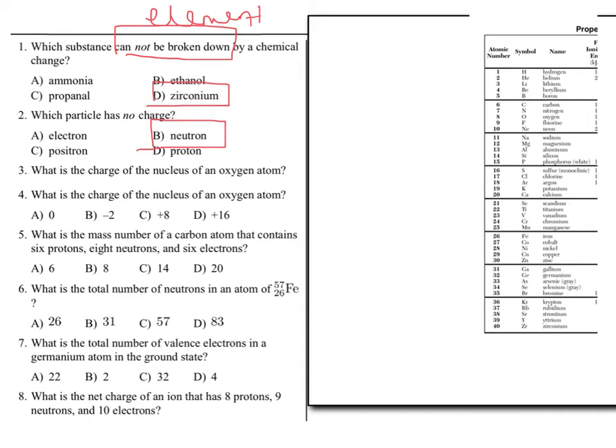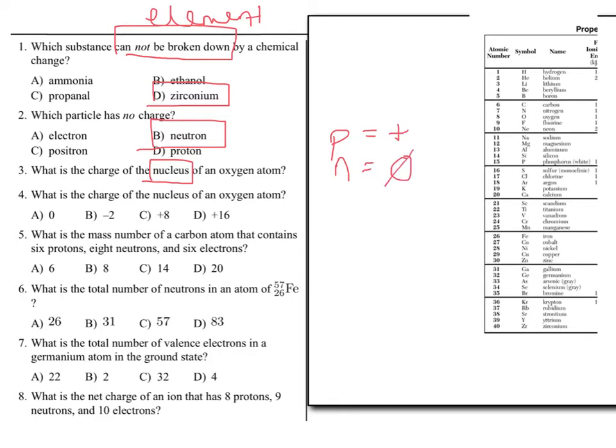The next two questions were kind of the same question, but it asks what is the charge of the nucleus of an oxygen atom. So here the key word is nucleus. We know that in a nucleus we have protons and neutrons. The protons have a positive charge while the neutrons have no charge.